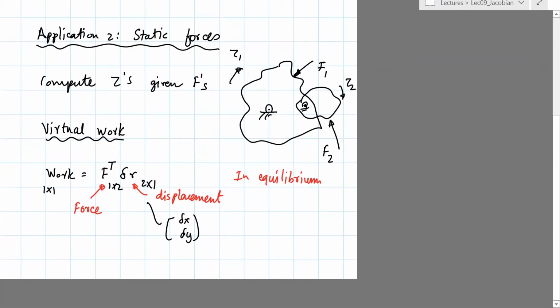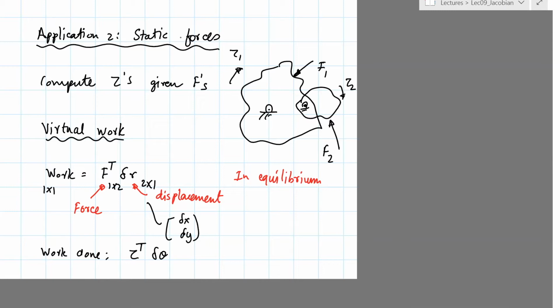That's the virtual work. We can also compute the work done due to the torques. Just like there's a virtual displacement in the x and y direction, there's a virtual rotation in the θ1 and θ2 direction, where there are 2 degrees of freedom here. So we'll just write it as torque dot d theta.